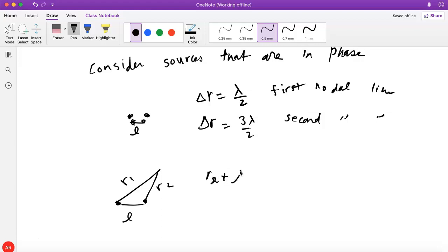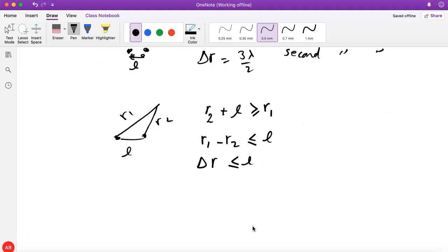So if you take R2 to the other side, it means R1 minus R2 must be smaller than or equal to L. So that's delta R is smaller than or equal to L.